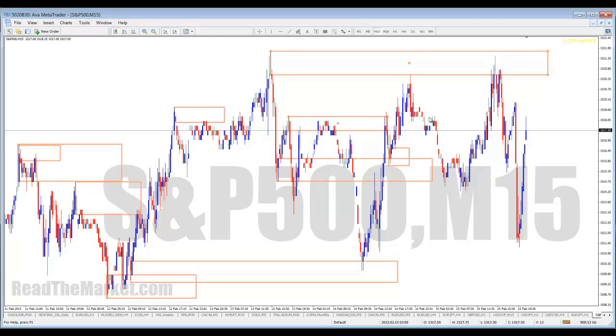Another cap on price here, price gets back to it, and there. Drop, base, rally. Rejection. Each of these are caps on price.